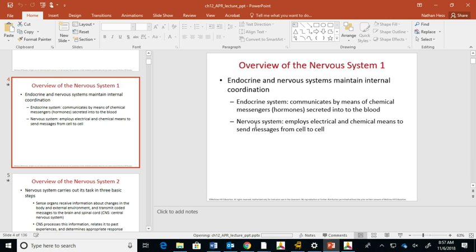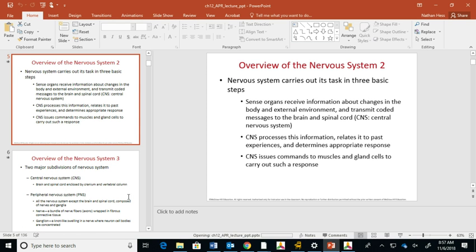Endocrines send hormones through the bloodstream to send these signals, versus the nervous system, which employs electrical and chemical means to send these signals directly to the cells on these nerves. Are you with me? Hormones versus electricity. So let's talk about the nervous system in particular.